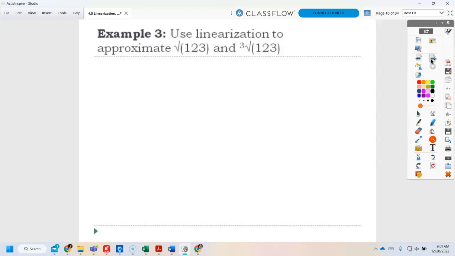Use linearization to approximate the square root of 123 and the cube root of 123. What makes this one harder than all the last ones? They don't come outright and tell you f of x. So what would f of x be? You kind of have two problems happening here, because I have this problem and that problem.